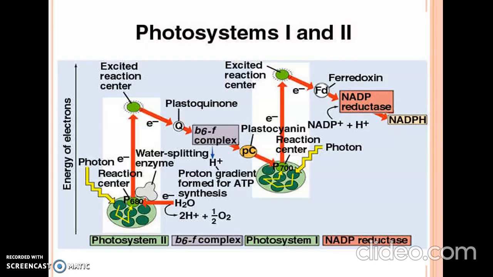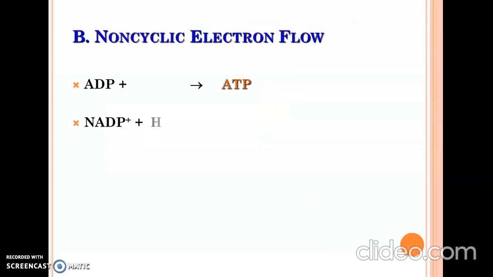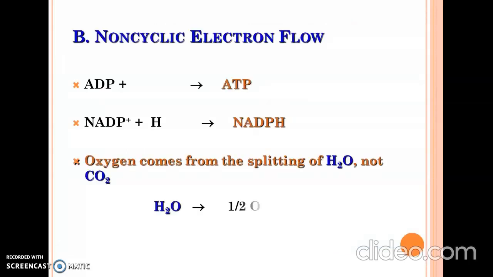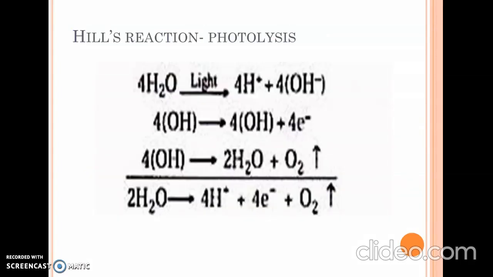And the ATP molecules are also synthesized in between plastoquinone and cytochrome B6. So both ATP molecules and NADPH and oxygen are released during this process. Here ADP is converted to ATP, NADP is reduced to NADPH, and the water molecule is photolyzed into oxygen by releasing electrons and protons.